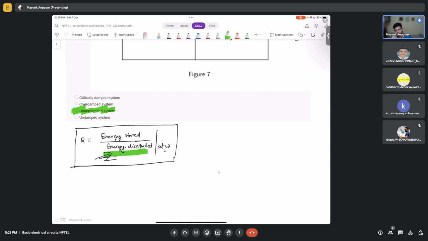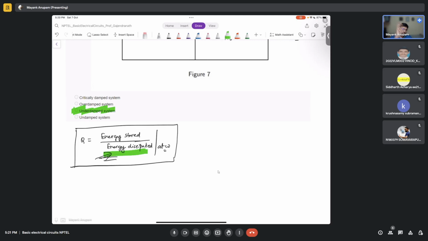So if your quality factor is high, the quality of the circuit is high in terms of storing energy. If you give some energy to it, it will simply store it and never dissipate it. That is what infinite quality factor means.